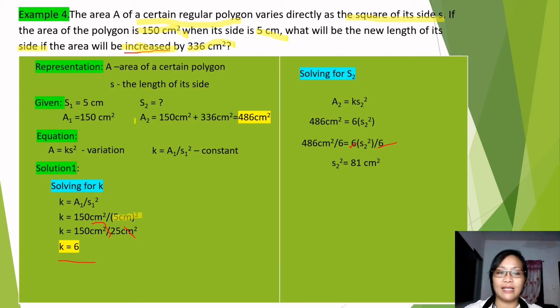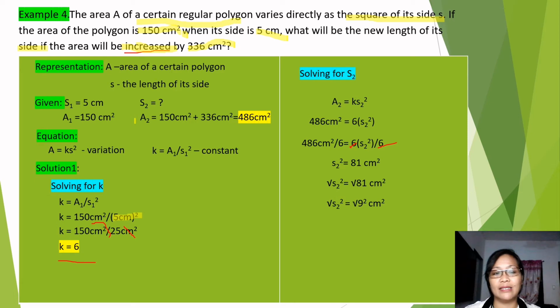And then to extract the square, we need to put a radical sign on both sides. So we have the square root of S sub 2 squared is equal to the square root of 81. If you don't have a calculator, you can think of a factor of 81 wherein one of the factors is a perfect square.